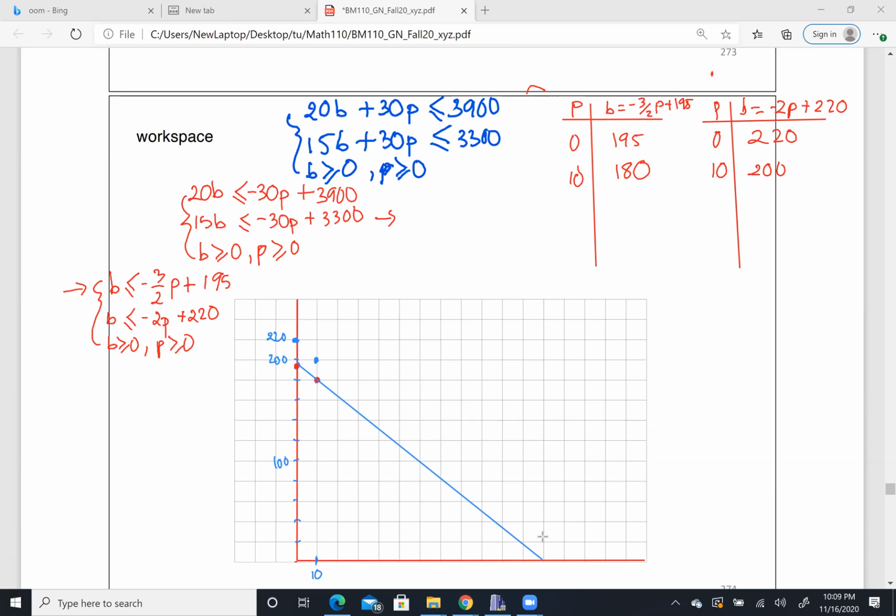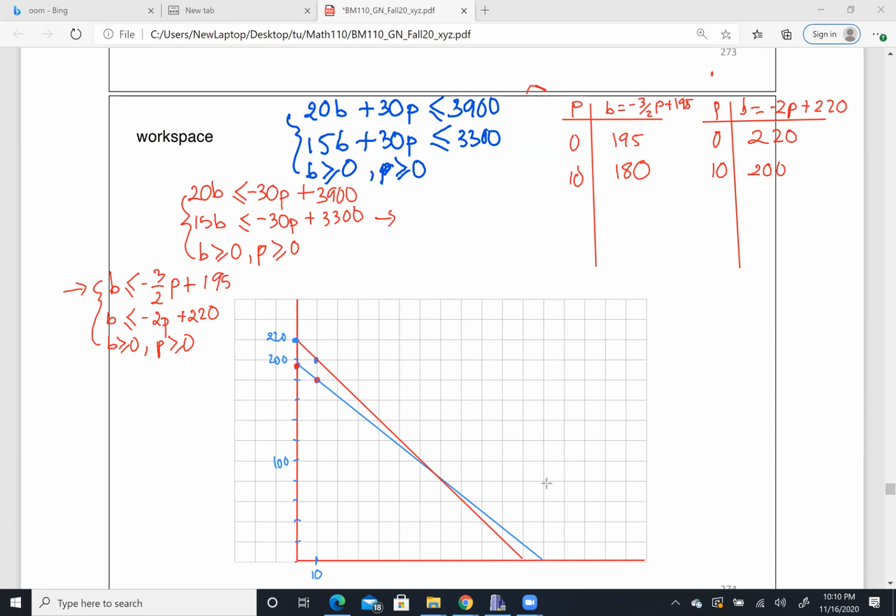Okay, that is for the first equation. The second one, okay, this is the second one, right?